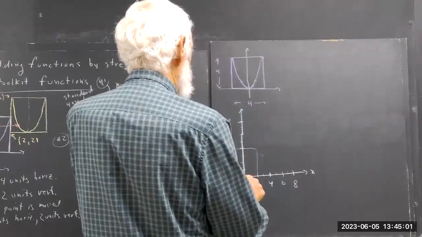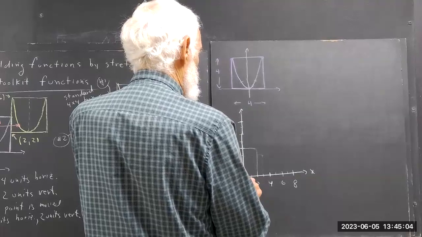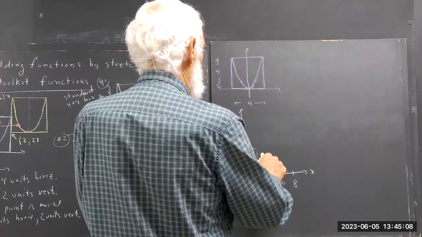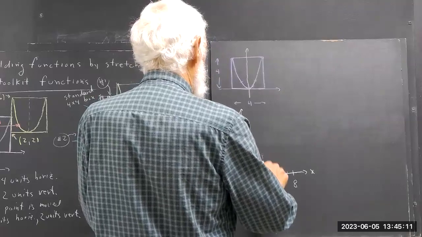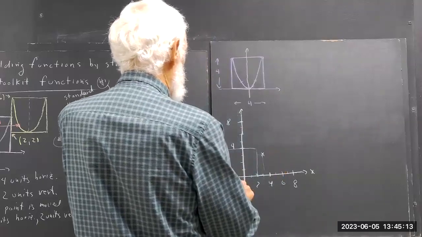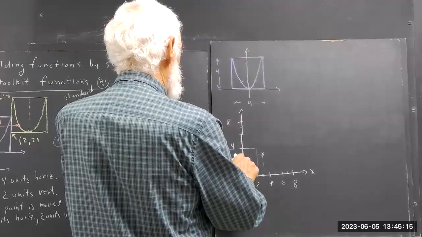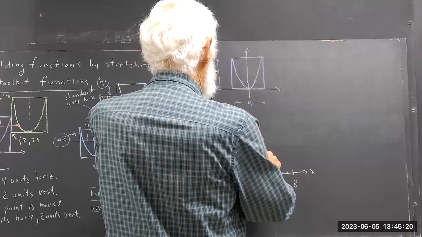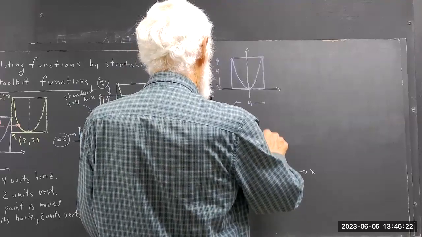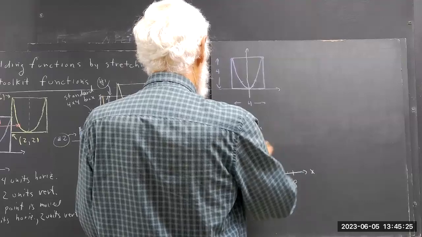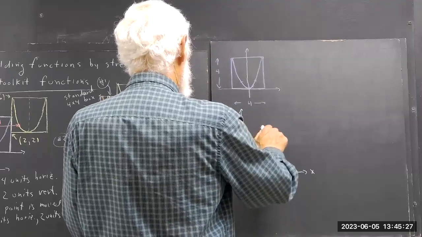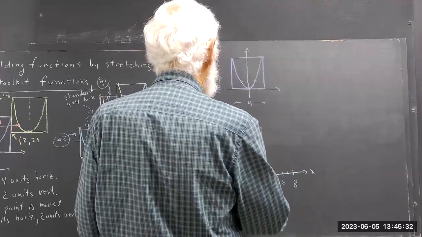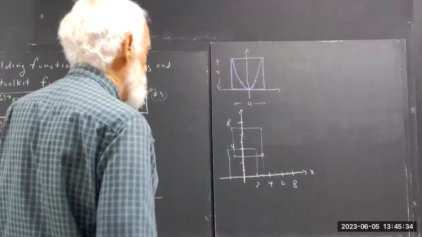That's going to take this lower right-hand corner over 1 unit and up 3, and put it here. This one's going to go over 1 and up 3, which puts it here. Then this is going to go over 1 and up 3, which will put it here, and this over 1 and up 3 here. Right there is our new rectangle.